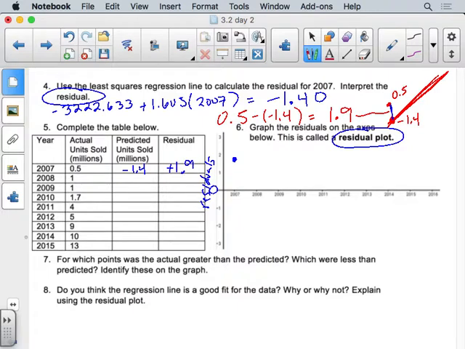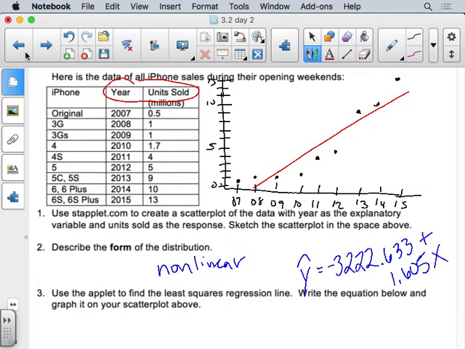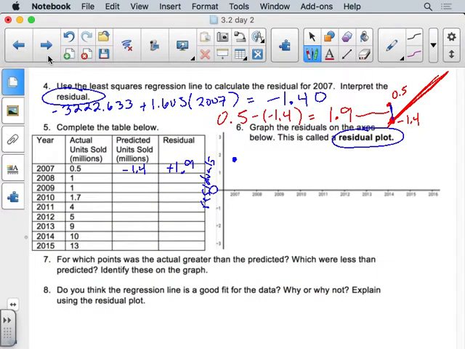But instead, we are up above. Here's my predicted line, and I'm going to make a graph. Instead of it being on a slant, that predicted line is now my 0 residual. It's just flat. And now these residuals come in and go vertically up or down. It puts all the residuals into one little spot.